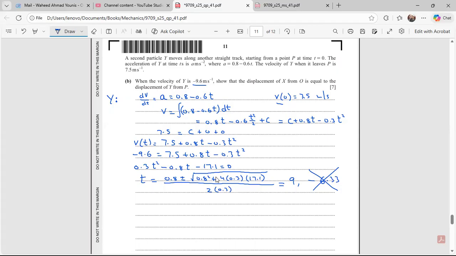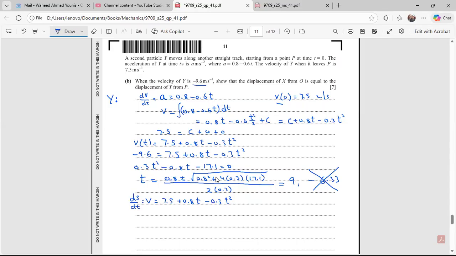Okay, but my question was to show that the displacement of x from O is equal to the displacement of y from B. So I need to find the displacement of y at this instant. I know the velocity, it is given as 7.5 plus 0.8 t minus 0.3 t square, and the velocity is basically the derivative of the displacement, right?